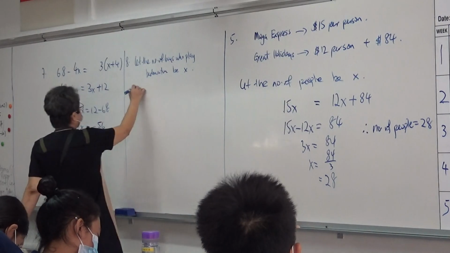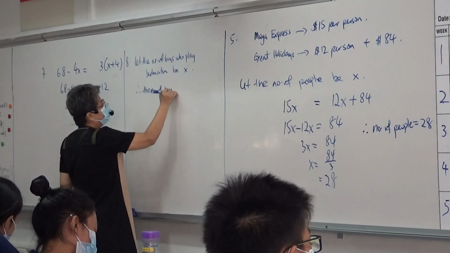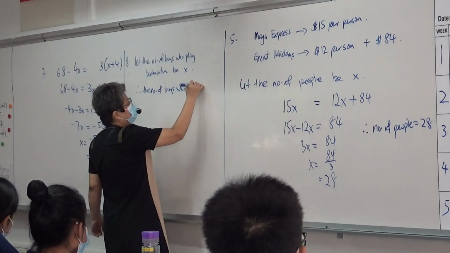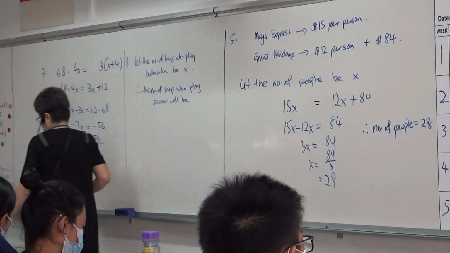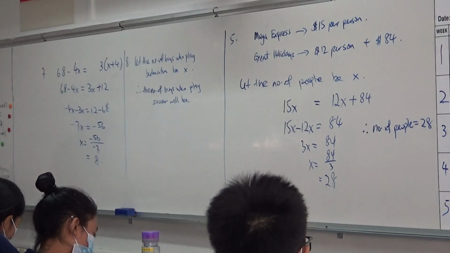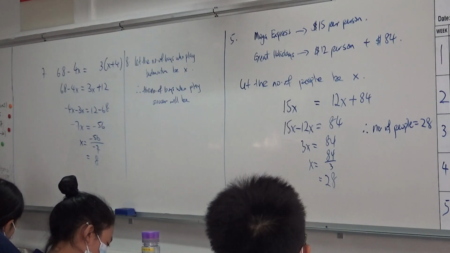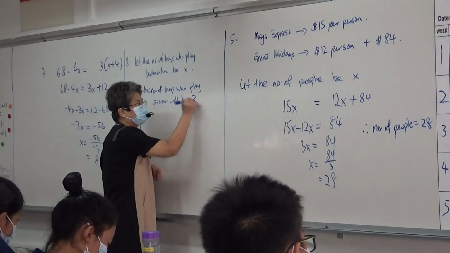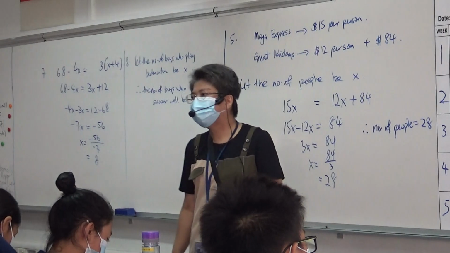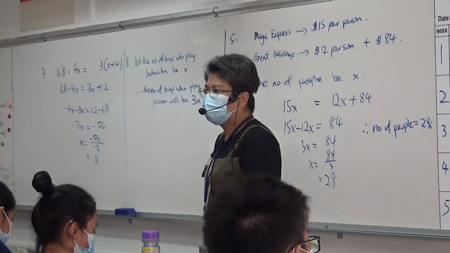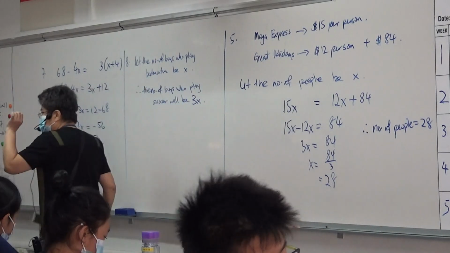So, therefore, the number of boys who play soccer will be 3x, right? Agree? Okay. If I ask you a question, which game is more popular? Soccer is more popular, right? Okay, can see.